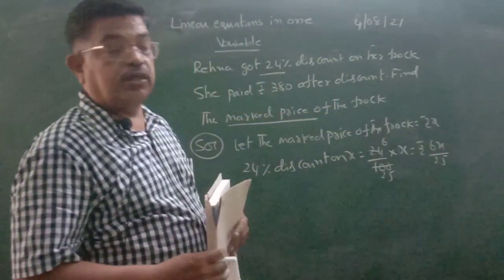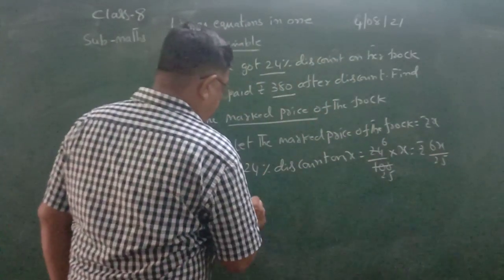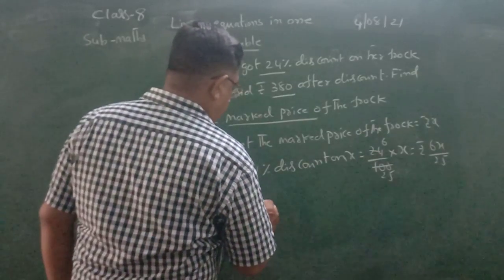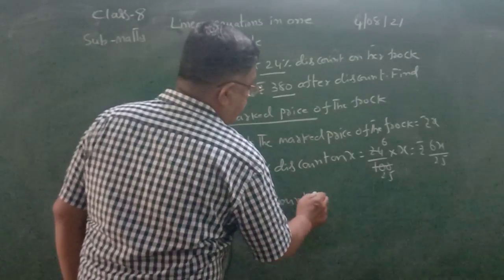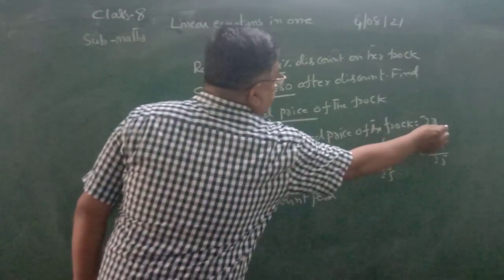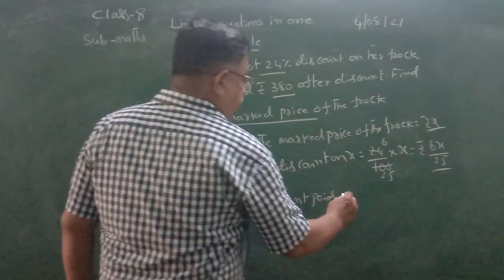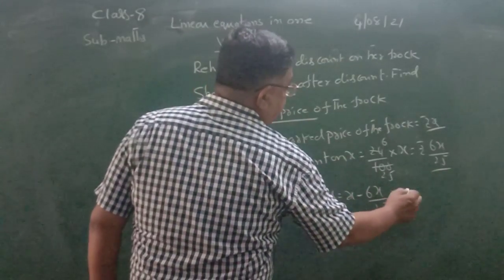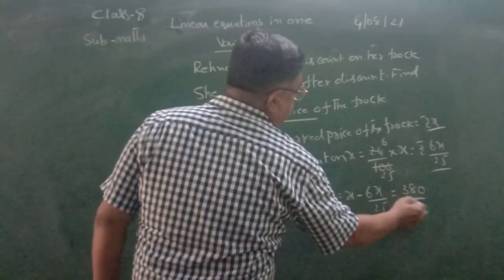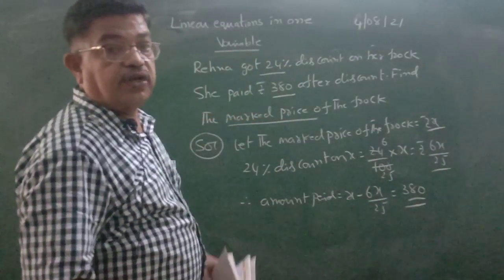After the discount, the amount paid is 380. Therefore, from the market price, you want to subtract the discount. Amount paid is equal to x minus 6x by 25, which is 380. This is the amount paid by Rehana after discount.